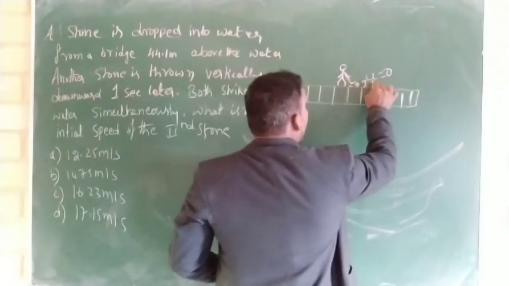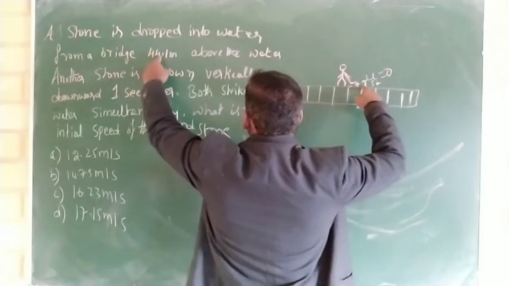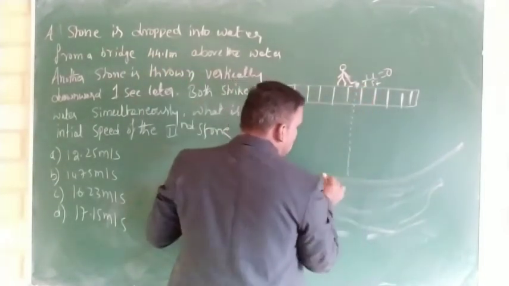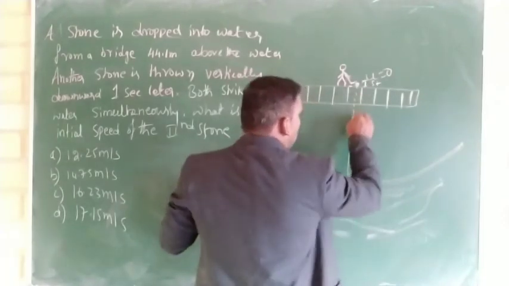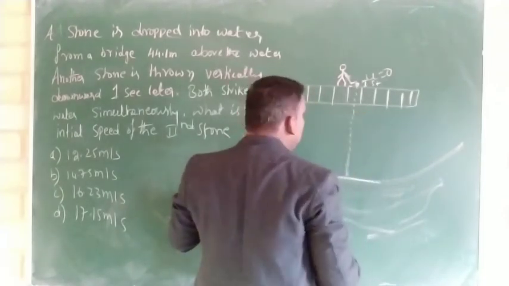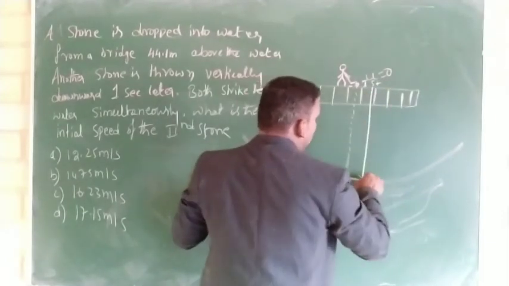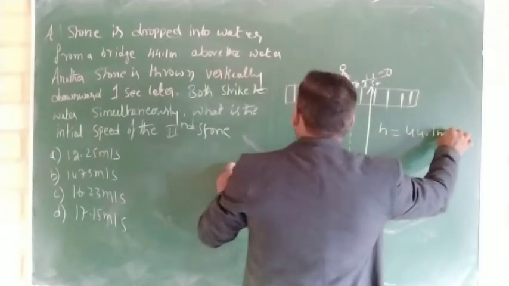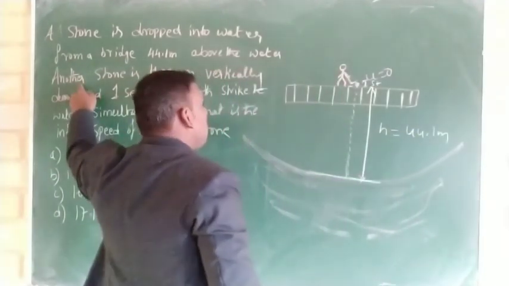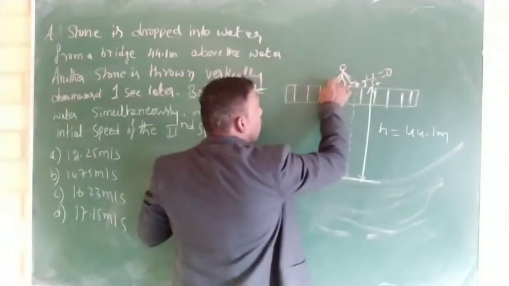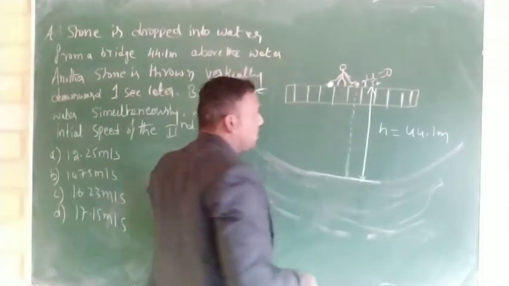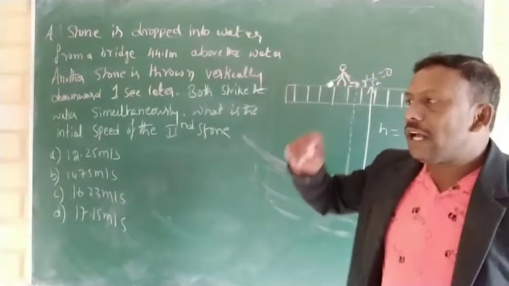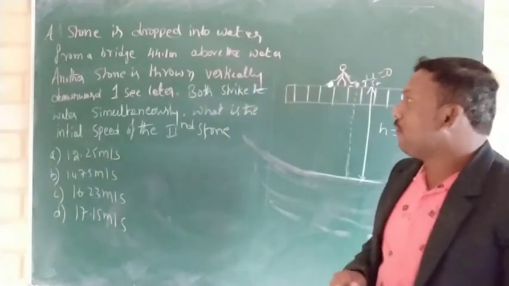The first stone is dropped into the water. This is the water surface. The bridge is at a height h equal to 44.1 meter above the water. Another stone is thrown into the water with velocity.